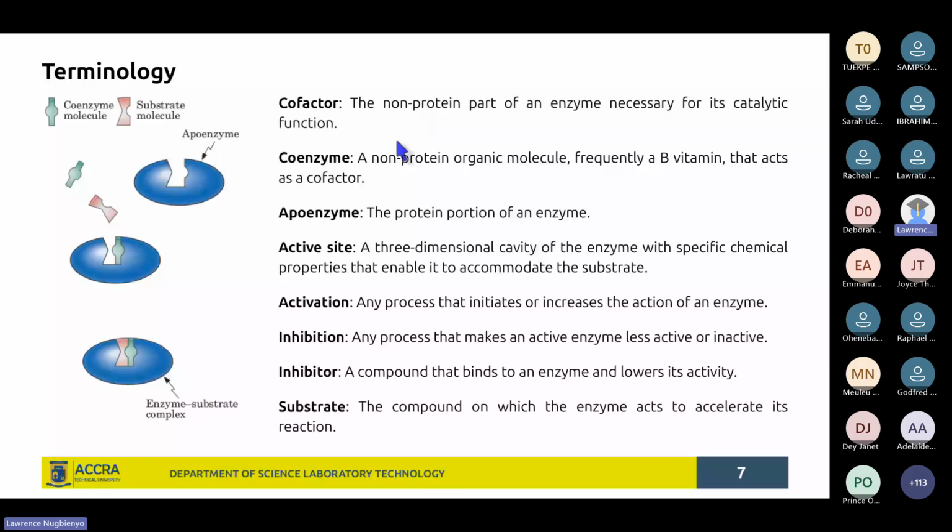We've talked about the fact that enzymes are mostly proteins, but we do have some non-protein parts that are required to be attached to the proteins in order to activate them to carry out their catalytic function.